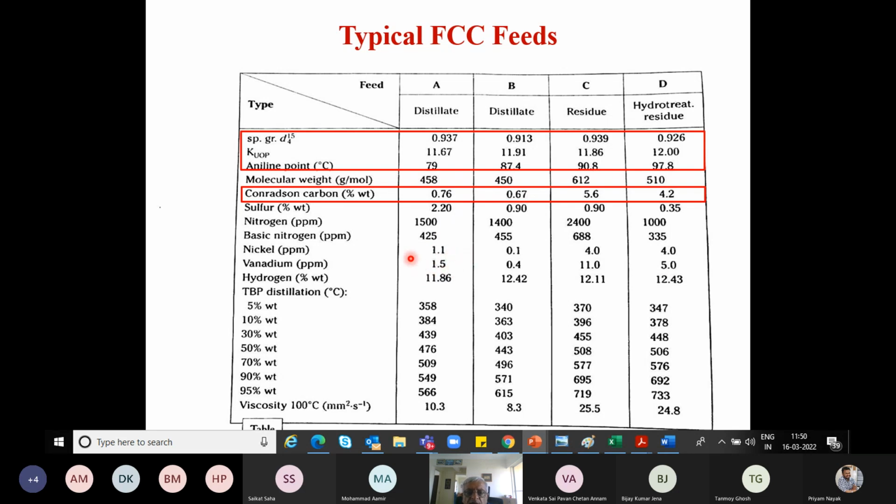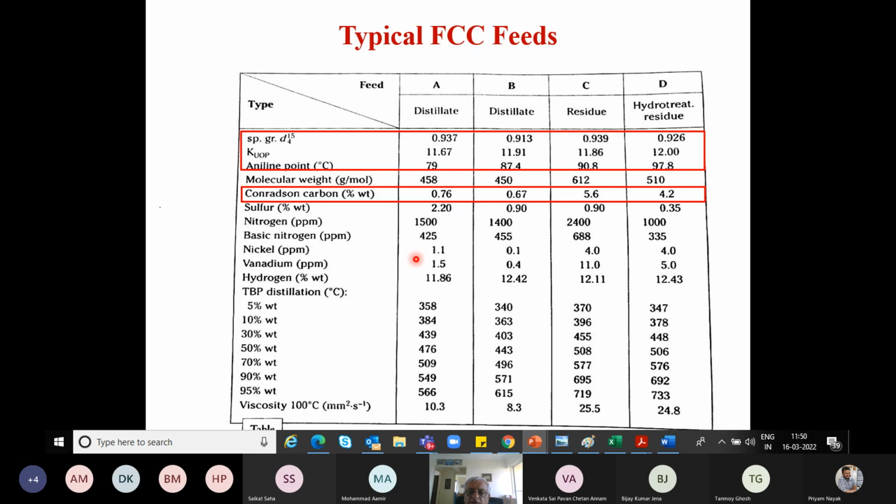In fact, the FCC unit has a window of operation. The y-axis of that window is CCR and the x-axis is nickel plus vanadium. It is nickel plus 4 vanadium, Ni plus 4V. And this particular window of operation is where the operators try to operate the FCC.